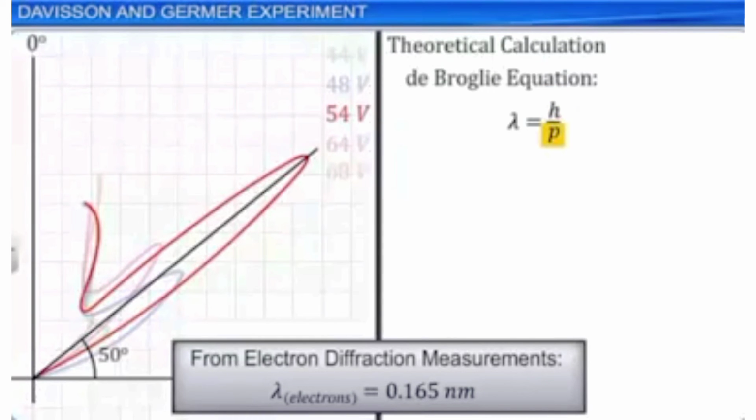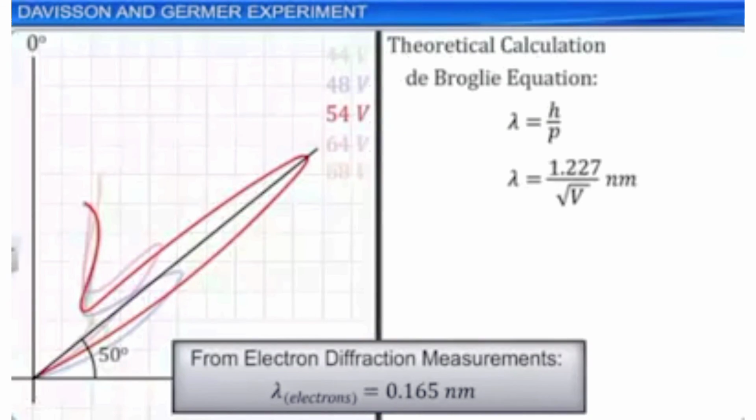If the electron is accelerated from rest through a potential difference of V volt, then substituting the values of the mass of the electron, charge of the electron and Planck's constant, the expression for the wavelength is obtained as 1.227 divided by square root of V nanometer.